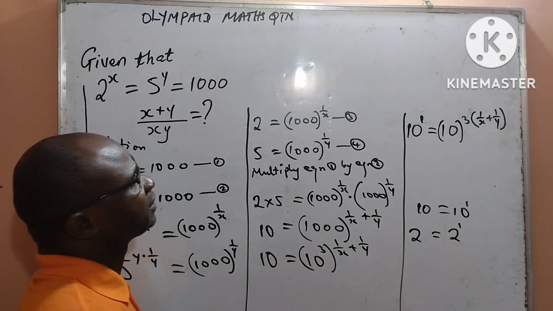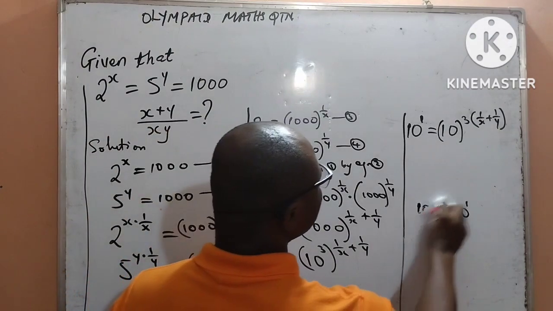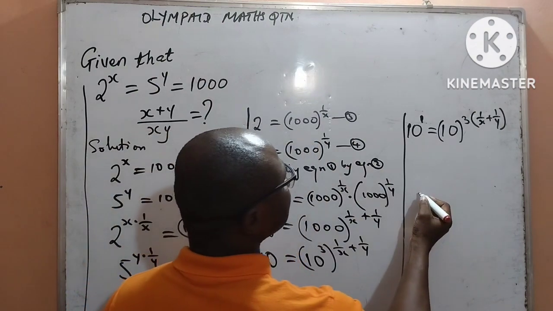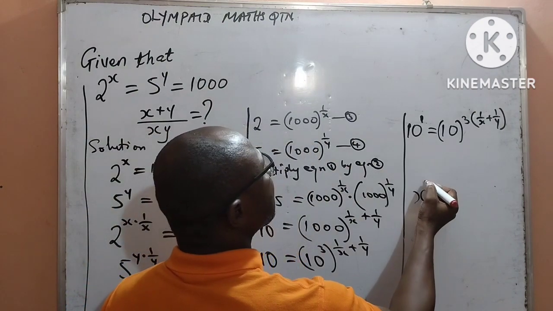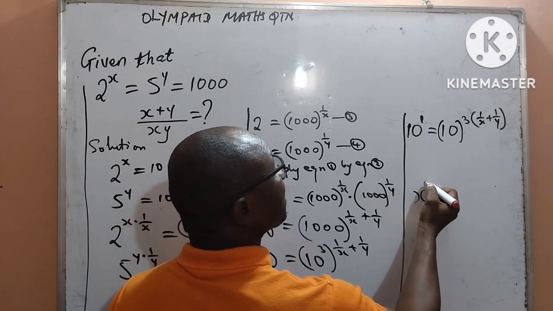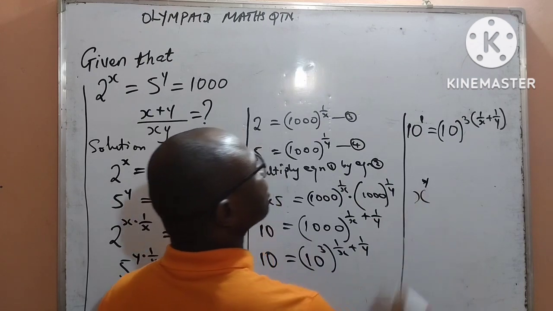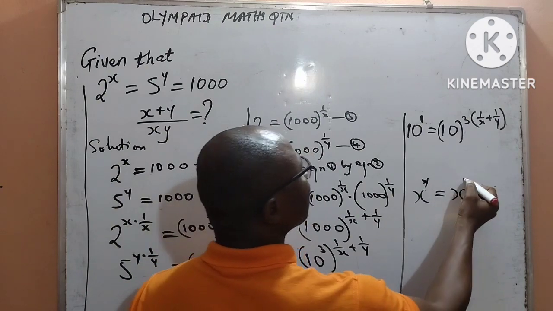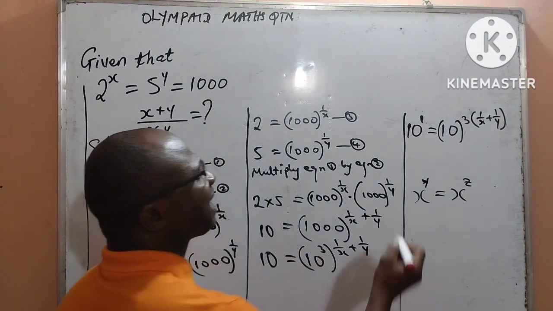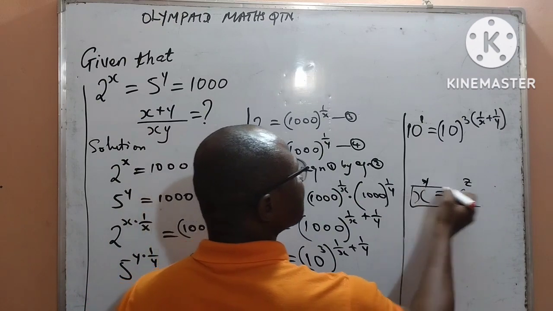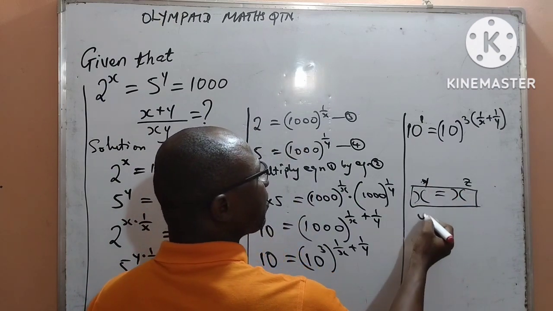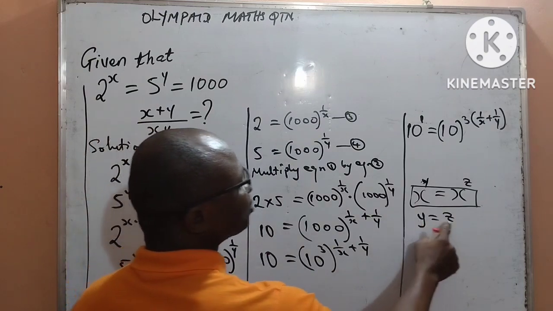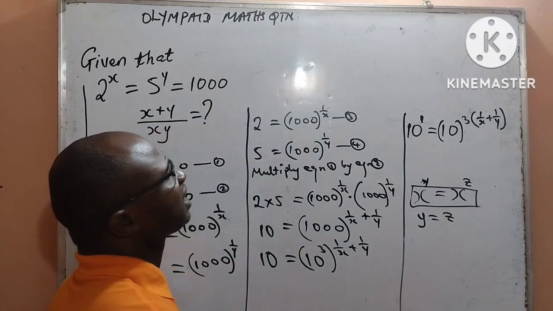Good. And by law of indices, if I have x to the power y equal to x to the power z, it implies that when these bases are equal, the powers also should be equal. That means that my y should be equal to z.